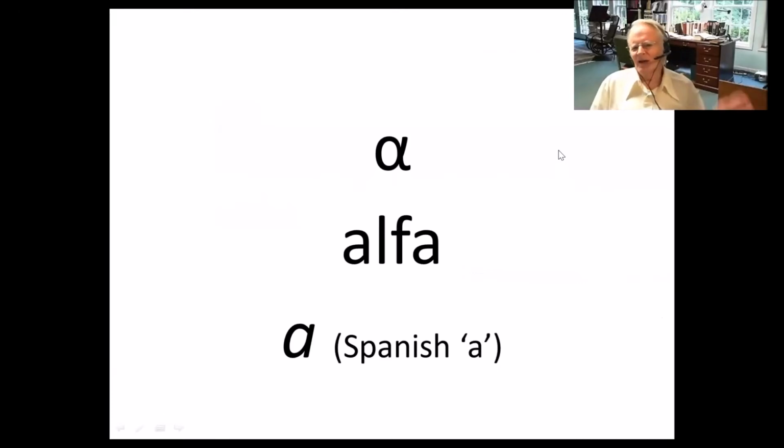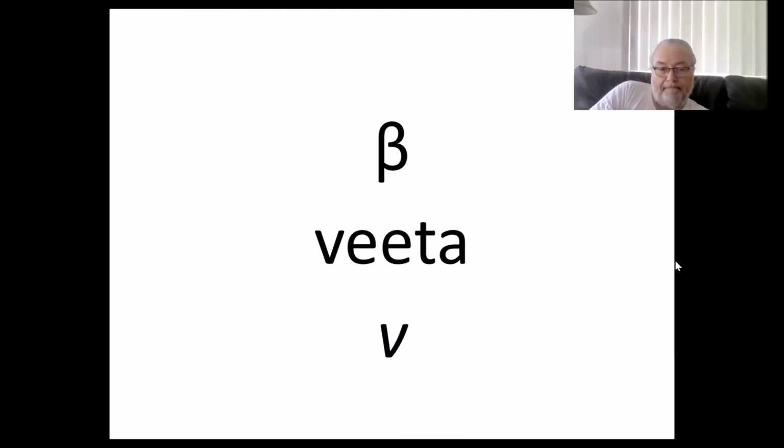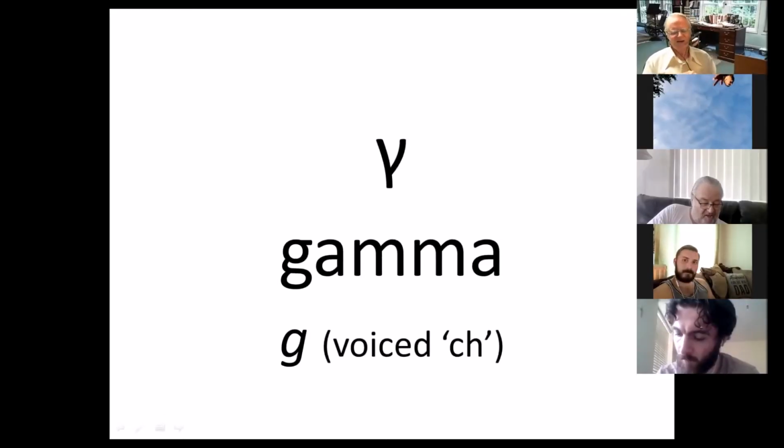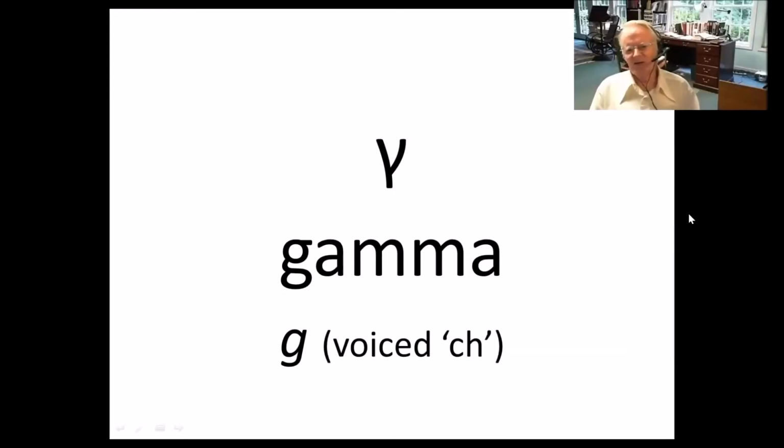If you know some Spanish, that will help you. Okay, that's a V sound, as in very. So V. This one is actually a voiced CH. If you think of ch, as in Bach, then put your voice in it, you've got rho, a voiced German CH.